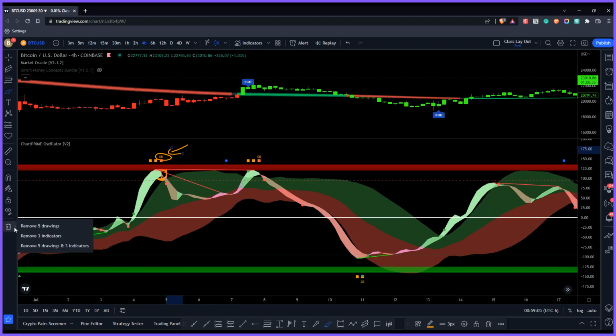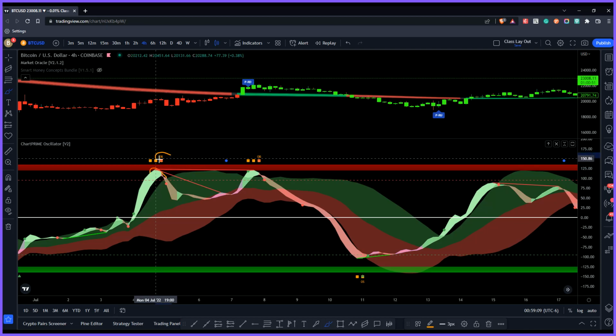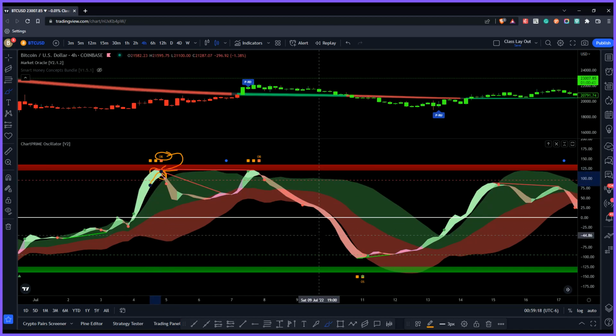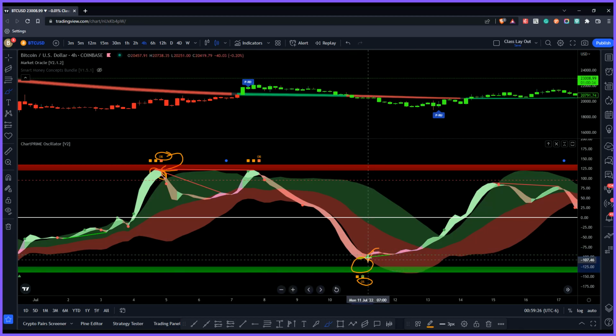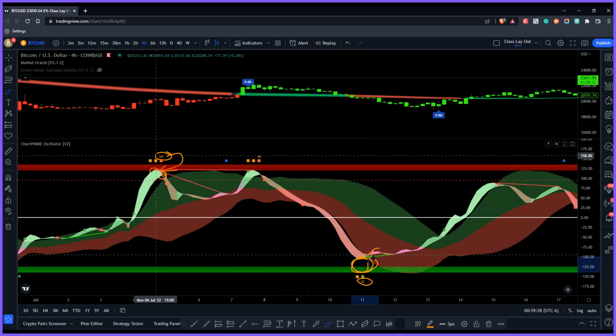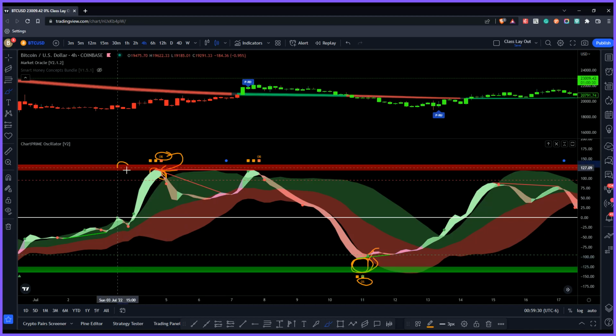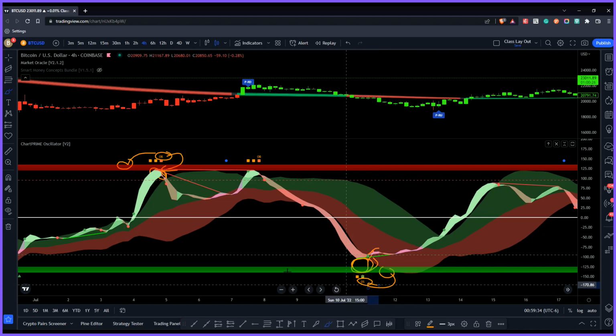The early call for that is the flip of the ribbon. The confirmation from the flip of the ribbon is the OB text, right? Right when we have a lesser value from the overboughtness or a lesser value from oversoldness. Here we go, when we are coming out of this zone, this range that we have in here. So the same thing goes for the red, which is overbought, and the green, which is oversold, right?